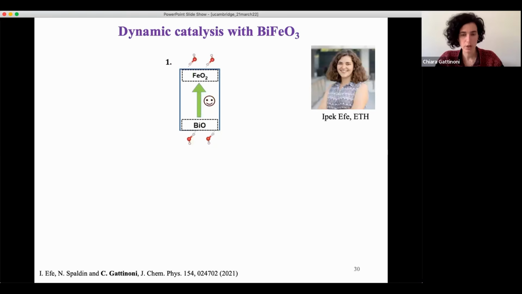Together with Ipek, who is a master's student at ETH, we tried to build a dynamic catalysis cycle using bismuth ferrite. So we looked at the absorption of water on the happy bismuth ferrite without surface charges, and the water absorbed molecularly.